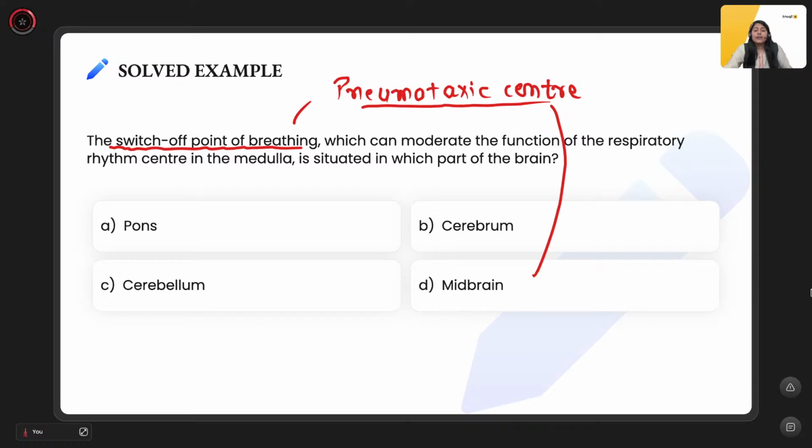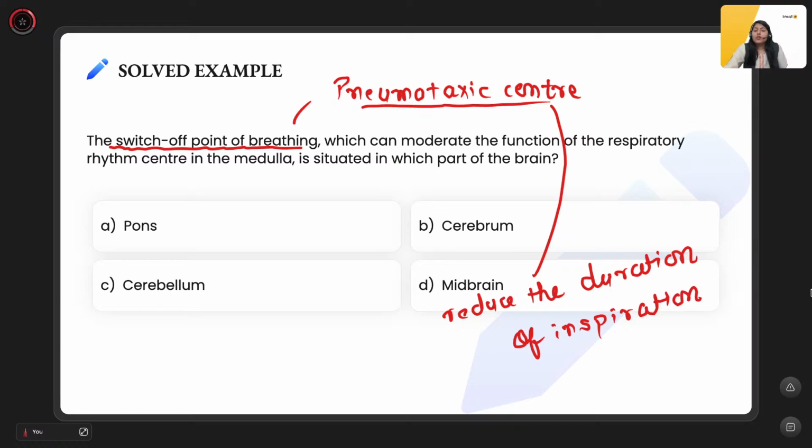Because it can reduce the duration of inspiration, and in turn it can increase your breathing rate. So the switch off point of breathing, which is the pneumotaxic center, is situated in the pons region of the brain. So the correct answer is going to be option A, pons.